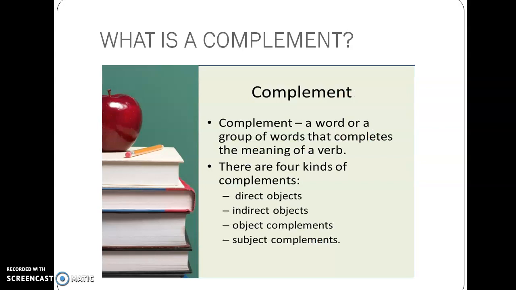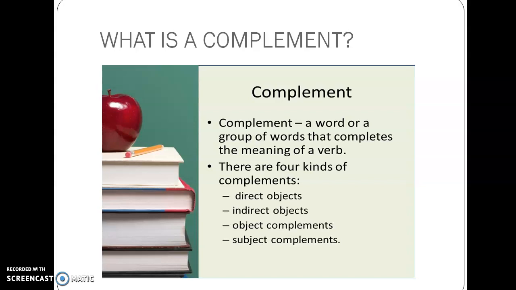Now, what is a complement? A complement is a word or a group of words that completes the meaning of a verb. A complement can be a word also, or it can be a group of words that completes the meaning of the verb. A complement is required to complete the meaning of a sentence or to complete the meaning of a verb in a sentence.